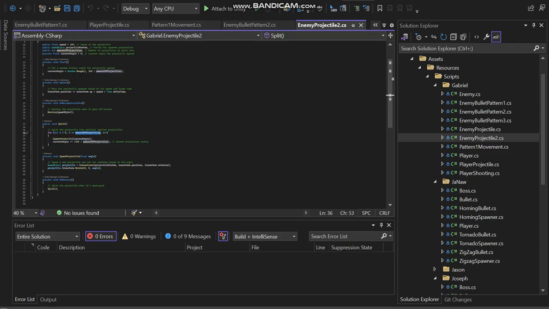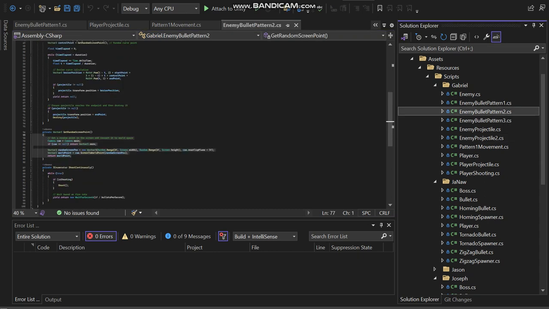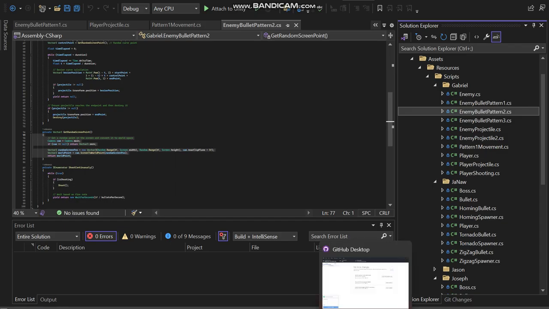So if the amount of projectiles equals four, it will spawn four times, and the current angle will change between 90, 180, 270, and 360. So it splits into four bullets evenly, and the split happens on destroy, which can be activated when it reaches the end of the Bezier curve, or when it hits the player.